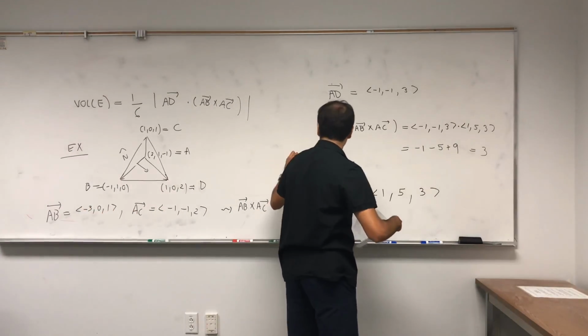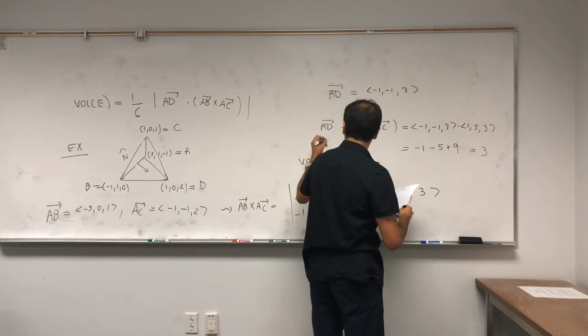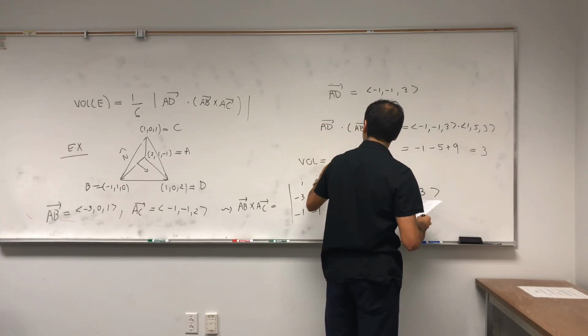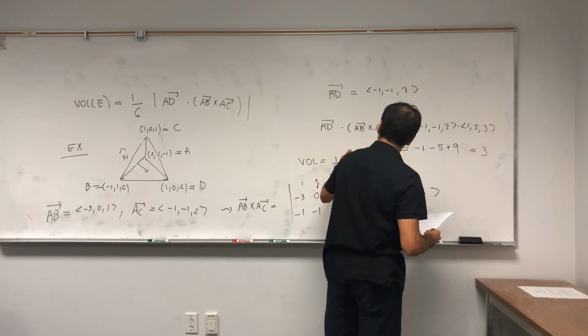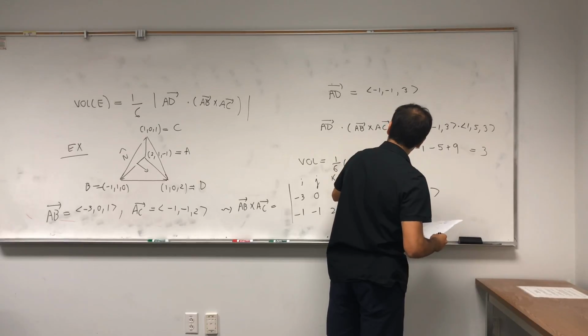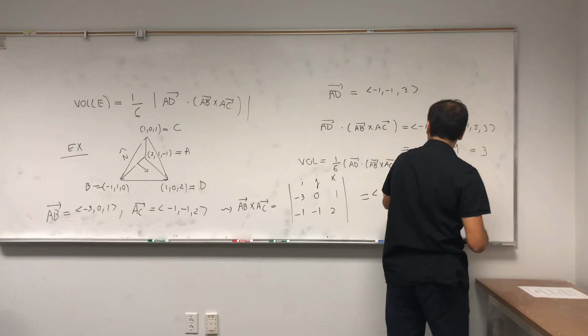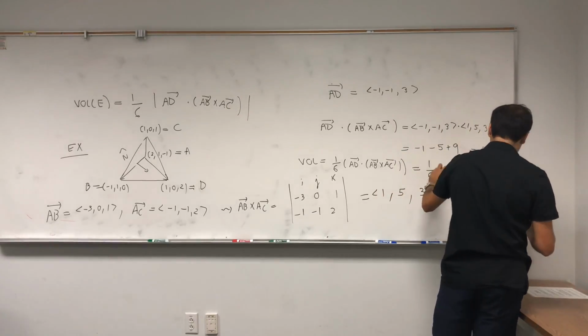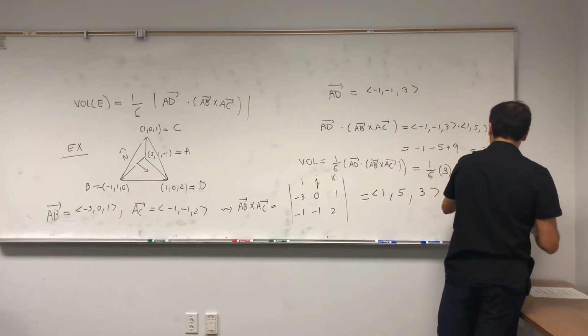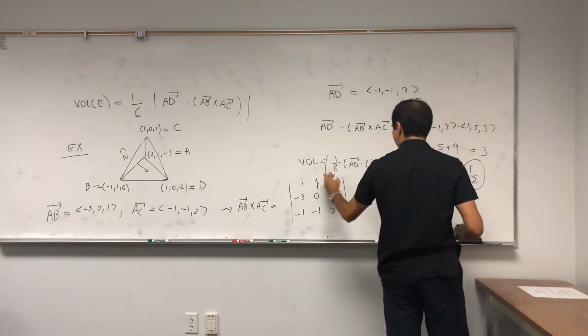And therefore the volume is the absolute value of 1/6 times that. So AD dotted with AB cross AC. And that's 1/6 times 3. And that's 1/2. Again, absolute values.